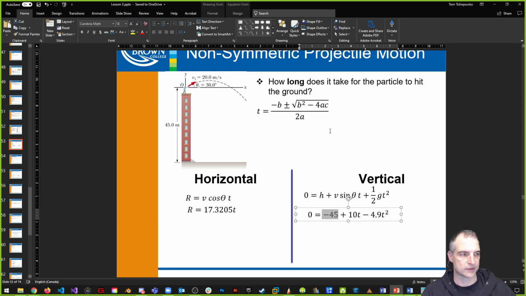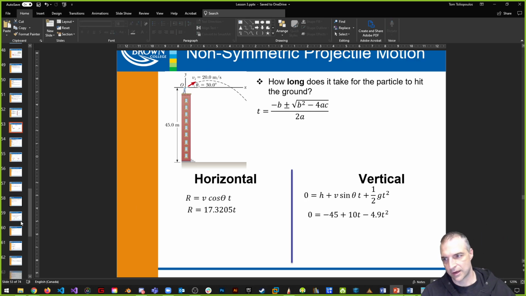One of them will make sense, one won't. I cannot have negative time. I'm not a time traveler. So any negative time value is incorrect. Then I take the value I get and sub it into the time value over here because it's the same time, and then I get the total range. That's how I do it.